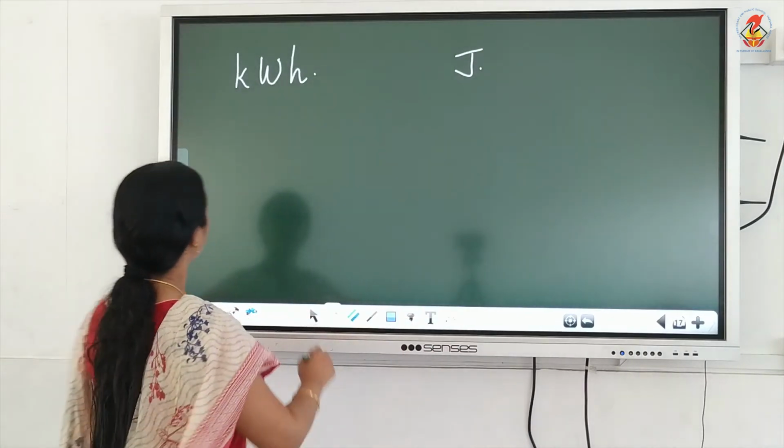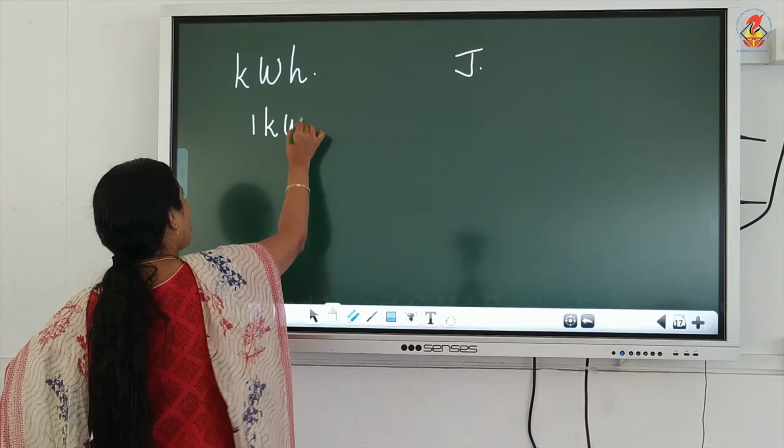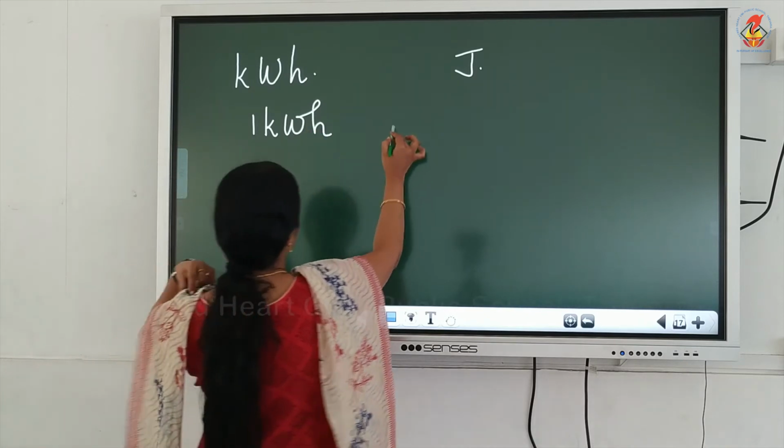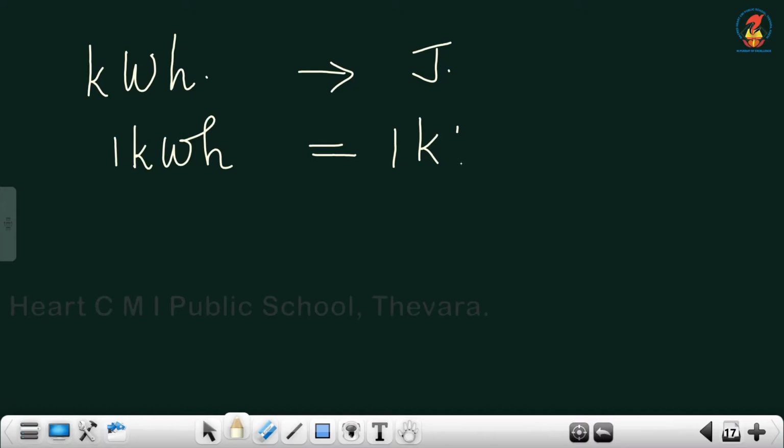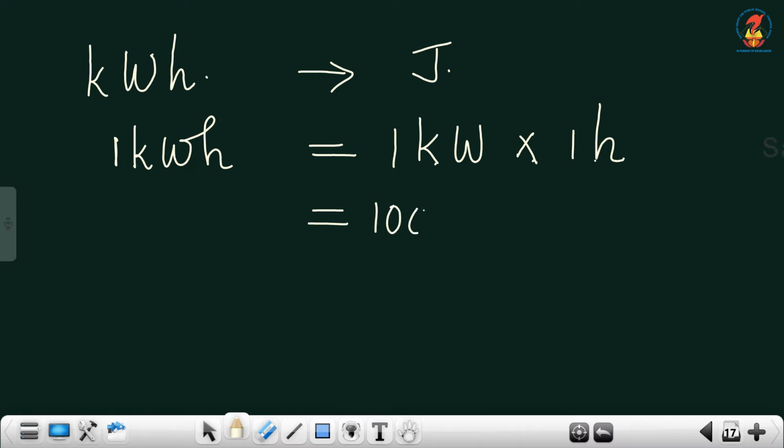We know 1 kilowatt hour, that is a commercial unit of energy, can be written as 1 kilowatt into 1 hour. Now 1 kilowatt is 1000 watt, and now converting hour into seconds.